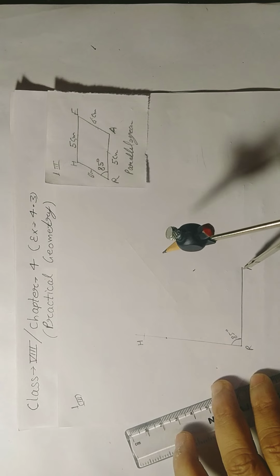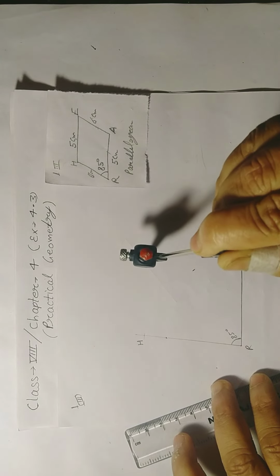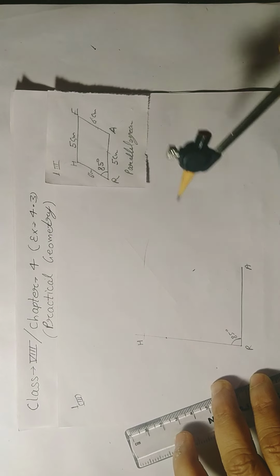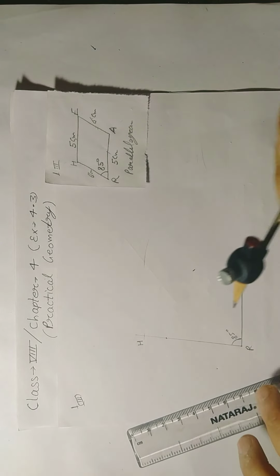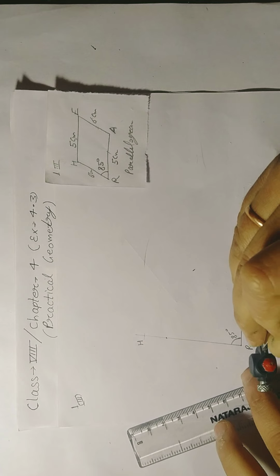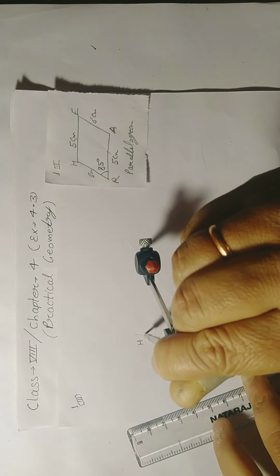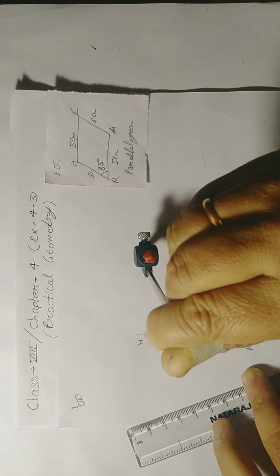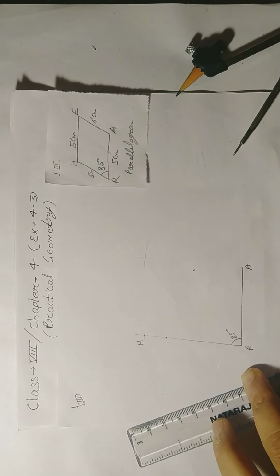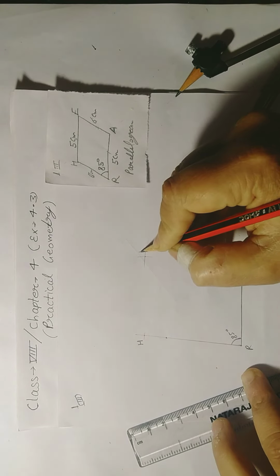Put the compass at A and draw an arc of 6 centimeter. Now HE is equal to 5 centimeter. So we take a distance of 5 centimeter in the compass, put the compass at H, and draw an arc which cuts the previous arc at this point, and it is point E.